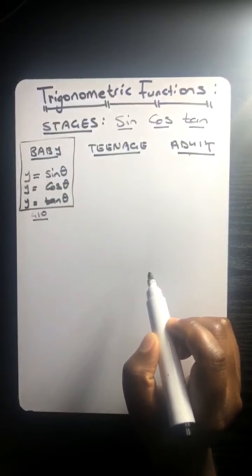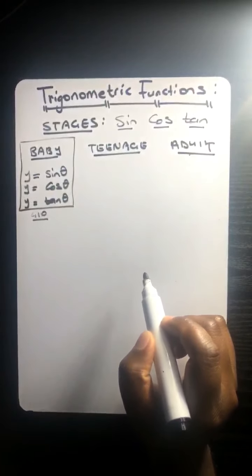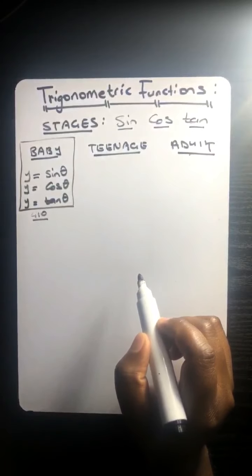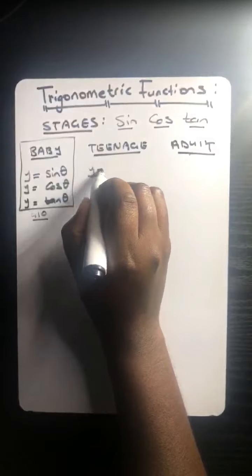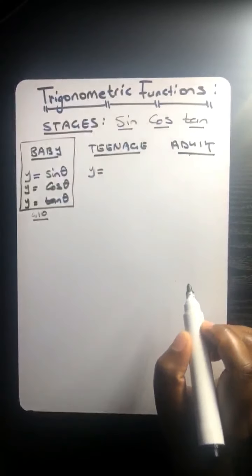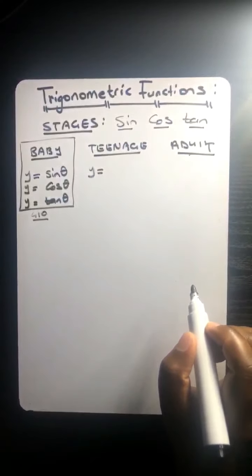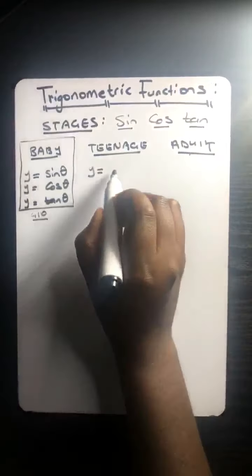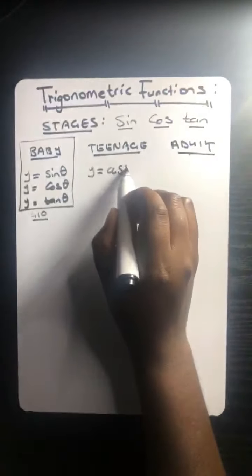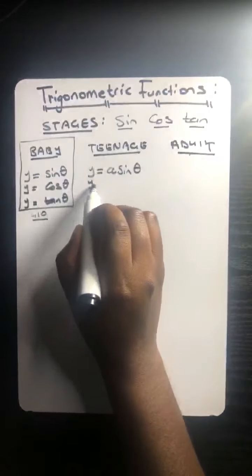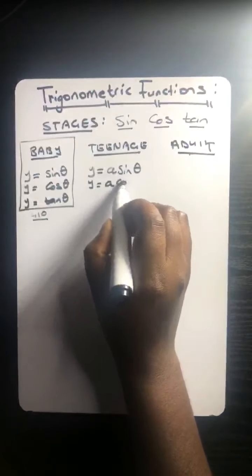So grade 10s, when you get to grade 11, let's assume it gets more complicated, but it doesn't really get that complicated. To be honest with you, they just add an a, and I'm going to explain exactly what that a means.